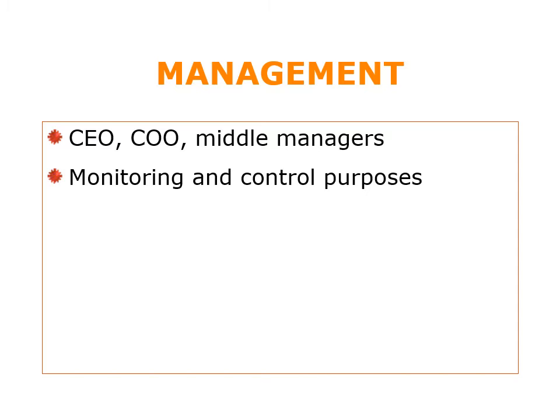So this accounting data will show them the weaknesses or what the strengths are in their business. And also, the accounting information is really needed to make plans for the businesses.